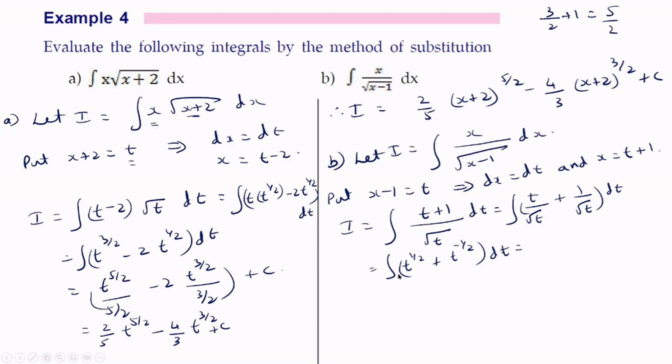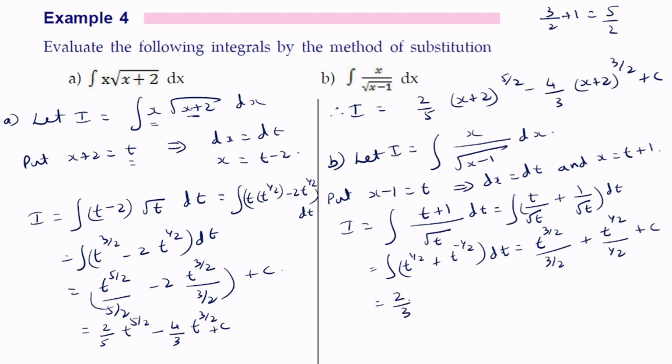So integral t raised to half dt is t raised to half plus 1, which is 3 by 2, upon 3 by 2, plus integral t raised to minus half dt is t raised to minus half plus 1, which is half, upon half, plus c.